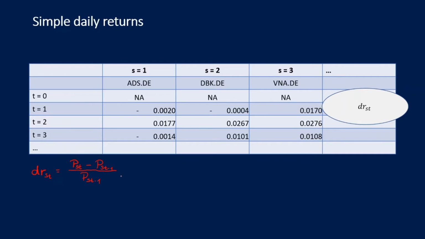So the percentage change between yesterday's closing price and today's. Or equivalently, the price of today divided by the price of yesterday minus 1.